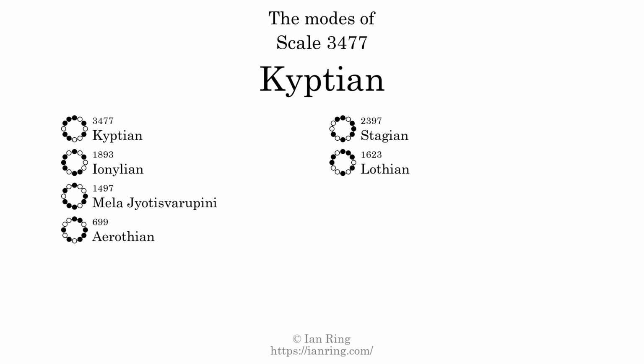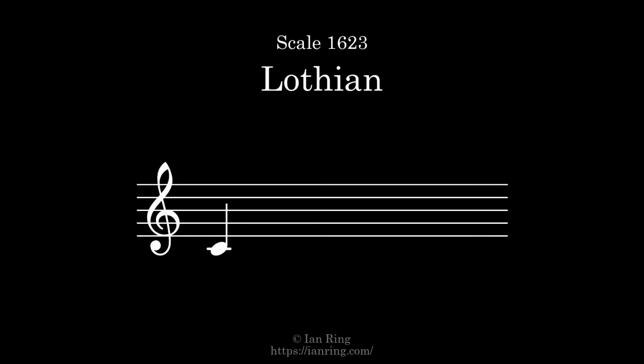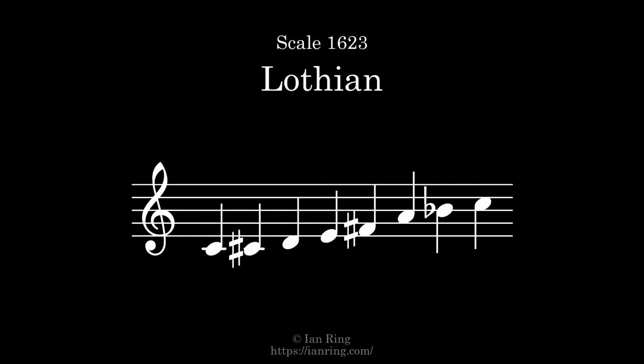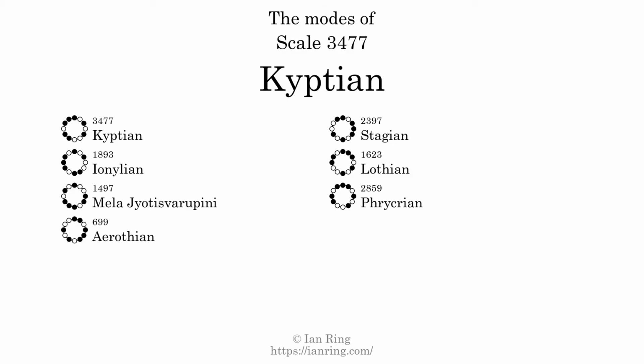The sixth mode is scale 1623, also known as Lothian. It sounds like this. The seventh and last mode is scale 2859, also known as Phrygian. It sounds like this.